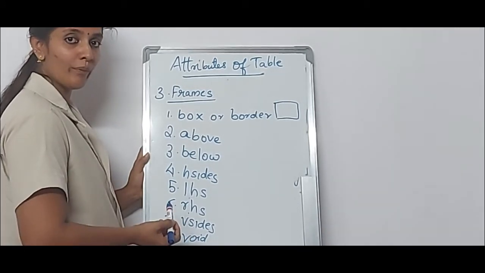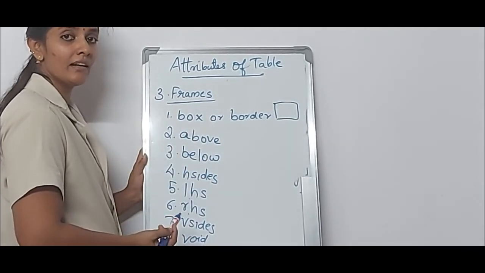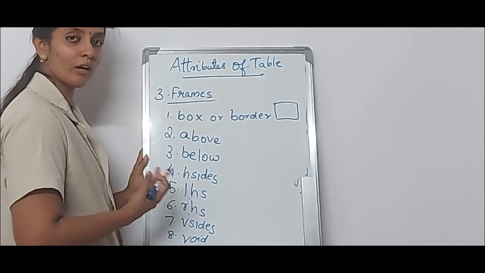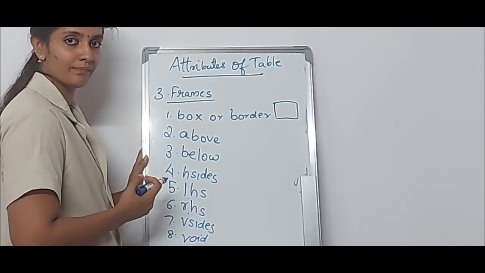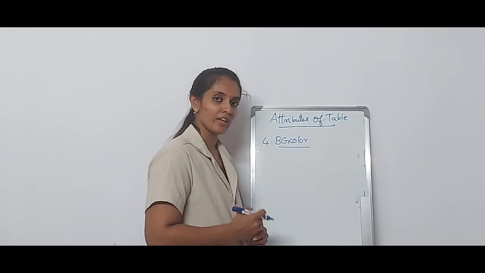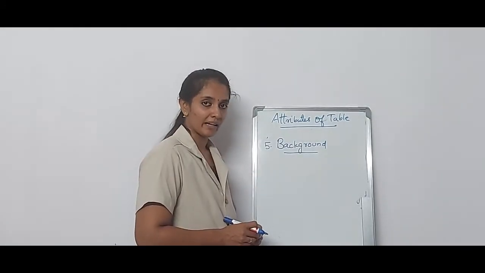Void. Void means if I am giving the frame value as void, then it will display the table without a border. That is, there is no border for that table. The BG color attribute is used to change the background color of the table. Next attribute is background.